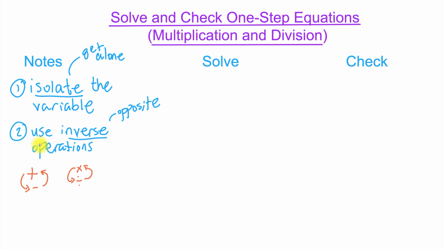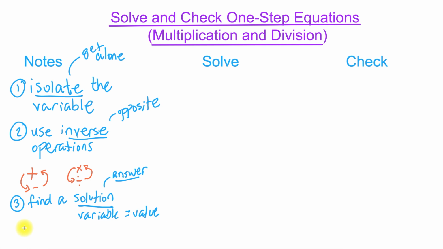And that's 2. And number 3, we should always end up with a solution. Now, a solution is a fancy mathematical term, which just means the answer, the only value that will make an equation true. And it will always have the format variable equals value.